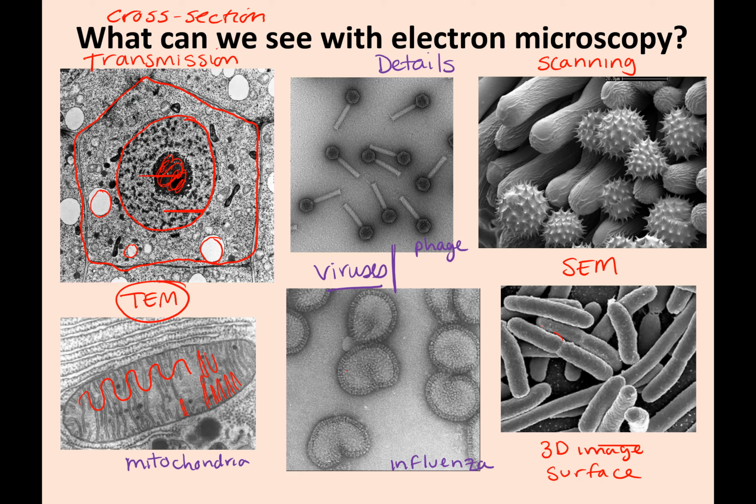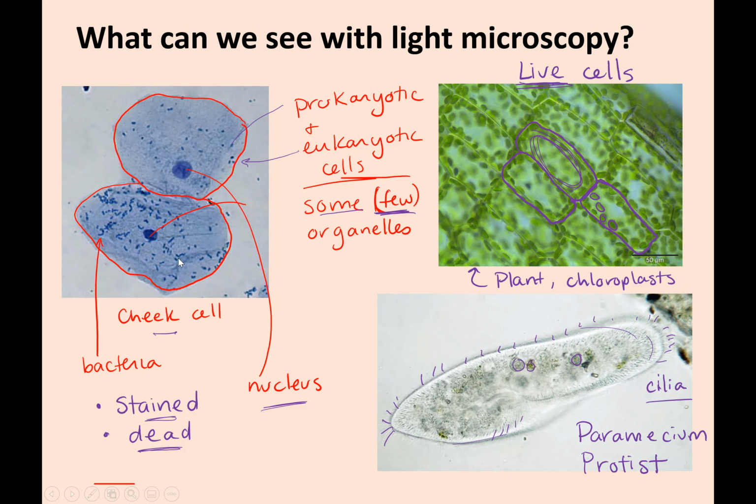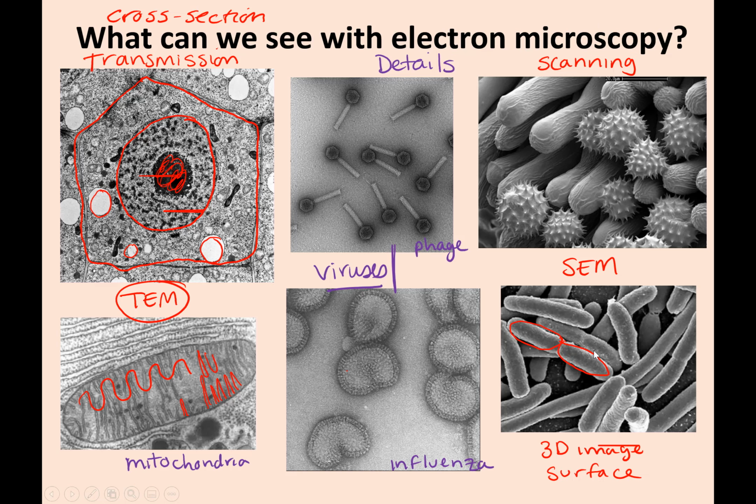This SEM, these two guys, are bacteria. So look at the detail. These are bacillus, meaning rod-shaped bacteria. Look at that compared to the highest magnification you can get with light microscopy. Lots more detail, and it looks 3D. You're getting a surface image. Transmission, you're seeing the inside and you're getting a slice. Scanning, you're getting the outside and 3D.